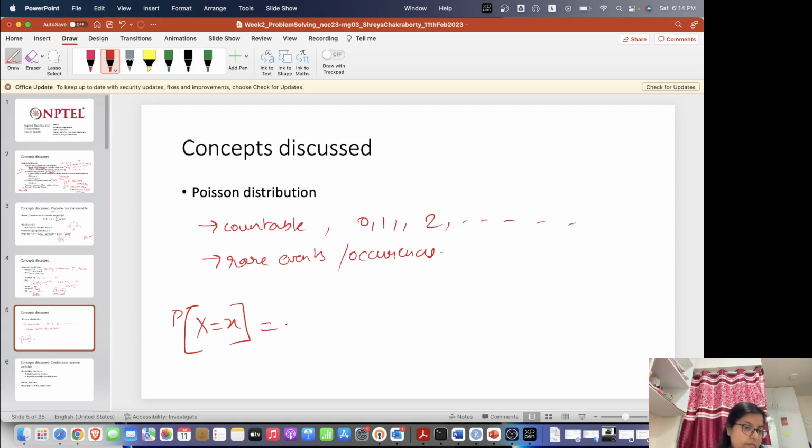Anybody? Well, lambda is the mean, and x can take values 0, 1, 2, and so on and so forth.